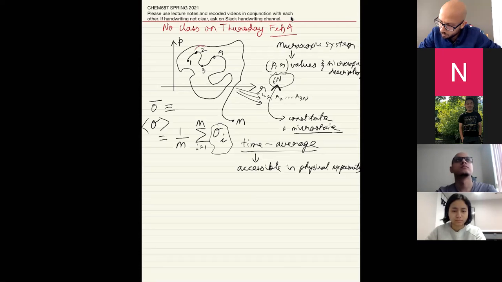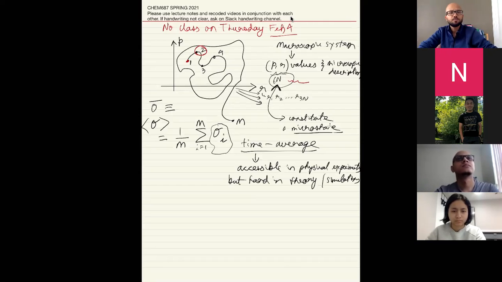So in theory, in order to go from point 1 to point 2, you have to solve Newton's law of motion for all these 6n numbers, and that's going to be extremely slow. So time average is accessible in physical experiments, but hard in theory or simulations. So if you want to connect the macroscopic picture to a microscopic picture, we are stuck, because solving this many equations of motion is going to be very hard.